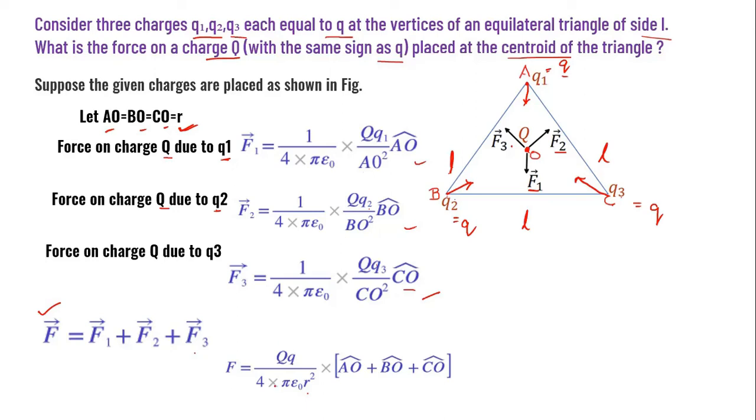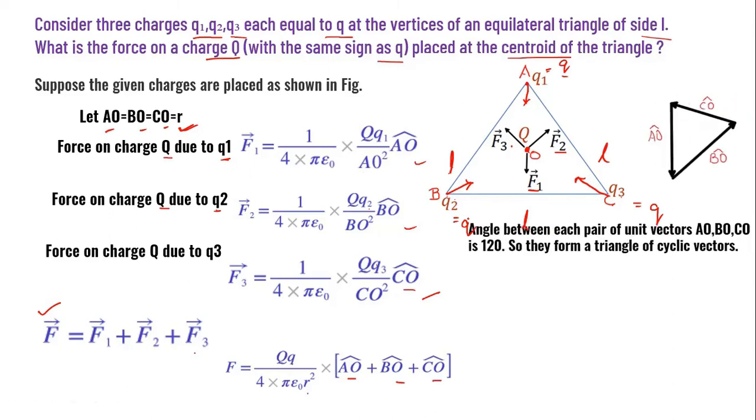So here we have put in the values of Q1, Q2, Q3 and AO, BO and CO. After that, vectorially we have to add the unit position vectors AO, BO and CO. Now next, what concept do we have? The angle between each pair of unit vectors AO, BO, CO: AO is in this direction, BO is in this direction and CO is in this direction.